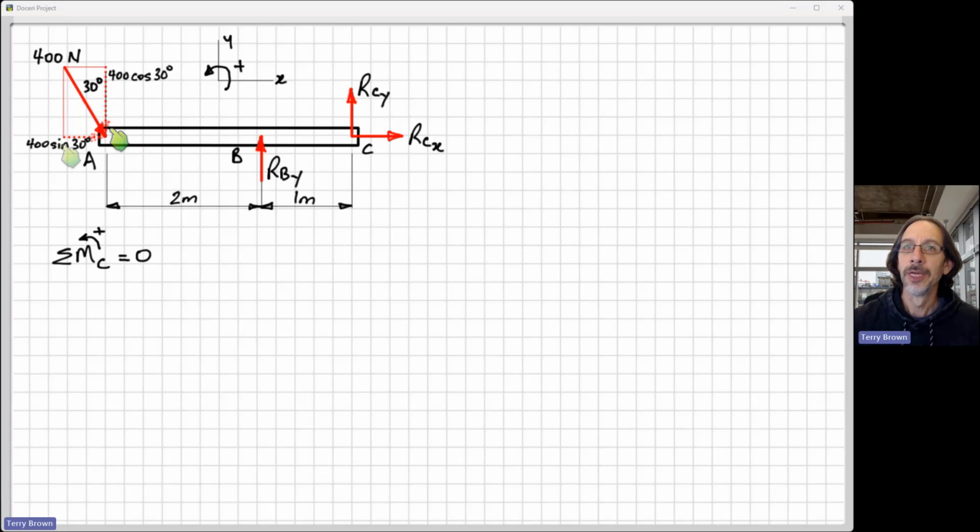You should be able to make use of that and find components pretty quickly. All right, and this component down here is 400 sine 30. So this side of this triangle over here is the opposite side to this angle 30, so that'll be 400 sine 30.